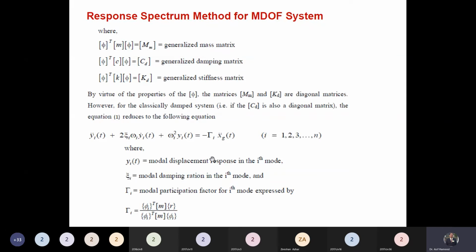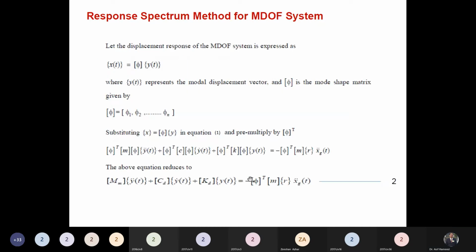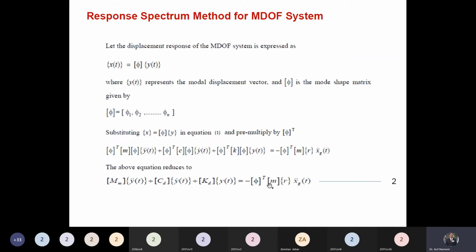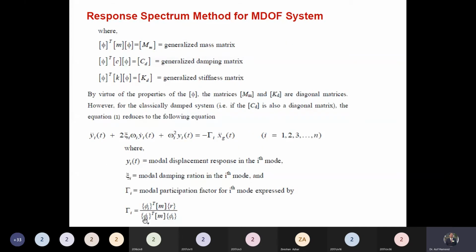Okay? And on the right hand side, we have this value. You can divide with the mass matrix, and the generalized mass matrix is phi transpose M phi. We can define a new term, that is the modal participation factor for the ith mode, phi transpose M r divided by capital M, and capital M is phi transpose M phi.